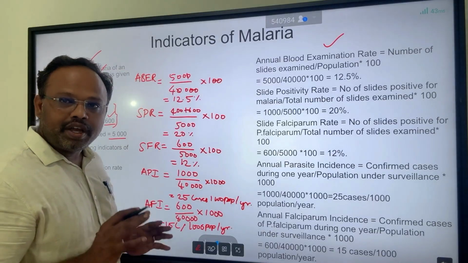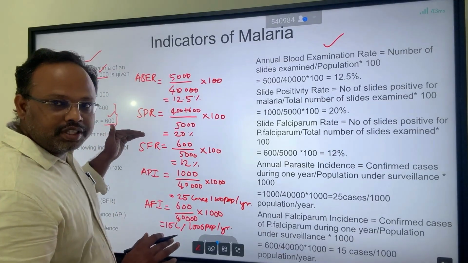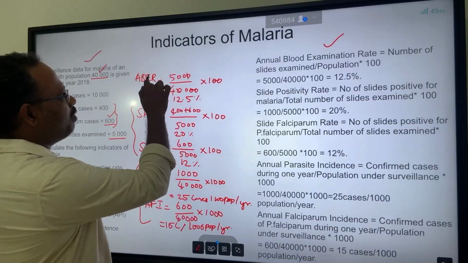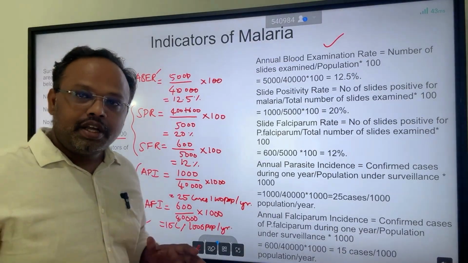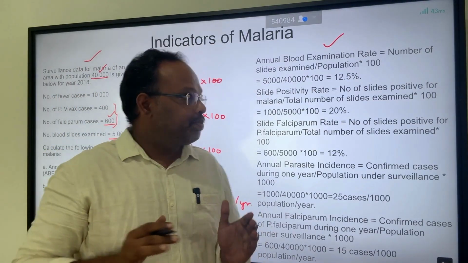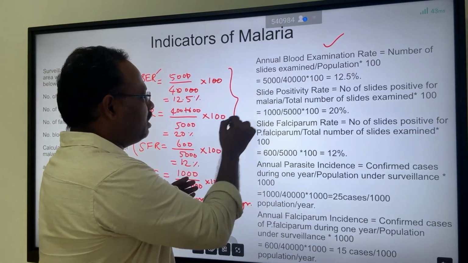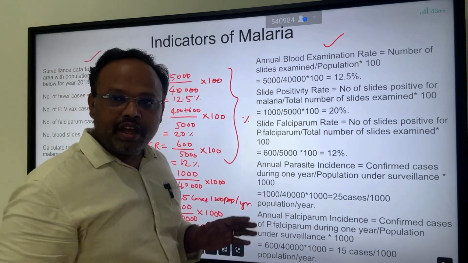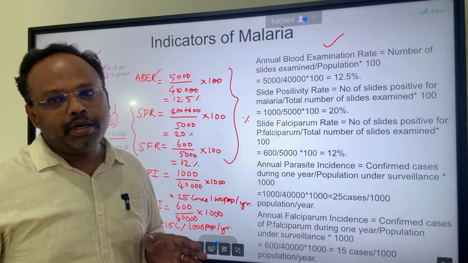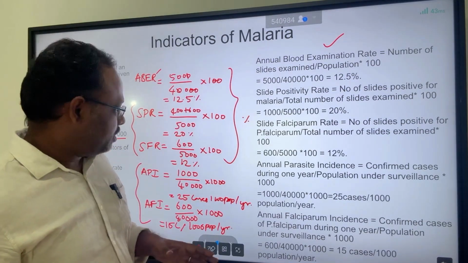So there are 5 indicators. These two are similar and these two are similar. Annual blood examination rate is the number of blood examined out of the total population. These 3 parameters are expressed in percentage. API and AFI will be expressed as cases per 1000 population per year.